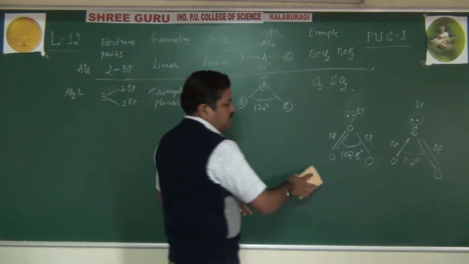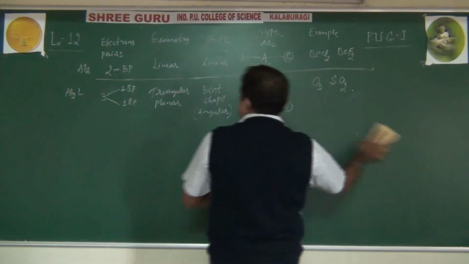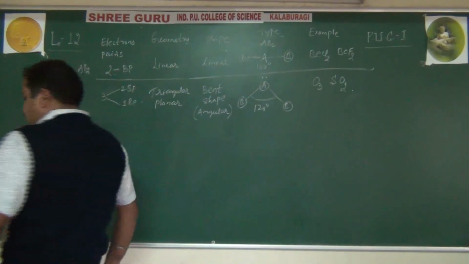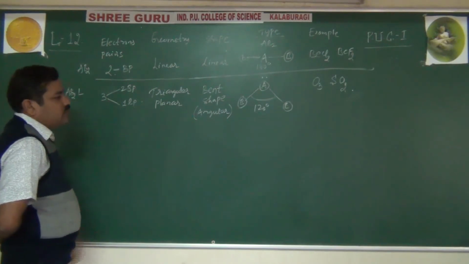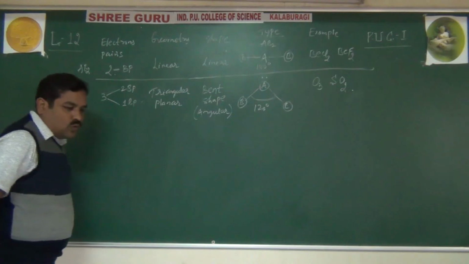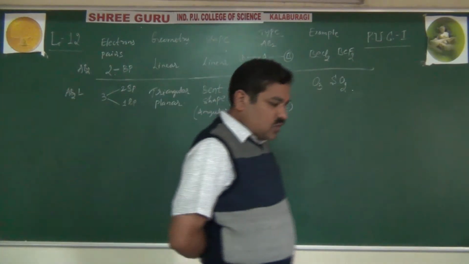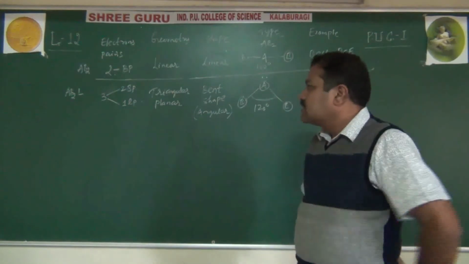These are the best examples. Okay, O3 and SO2. That means if the number of electron pairs is 3, you will have only one choice: 2 bond pairs, 1 lone pair. But exactly opposite, 1 bond pair and 2 lone pairs is not possible. Such an example does not exist.